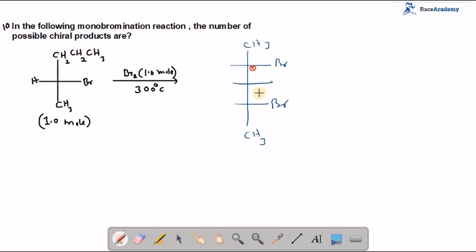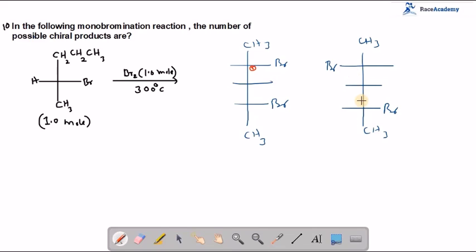The same thing if it happened here, we can write this one like this, here bromine, and the bromine can also be written here, by taking a gap, and this is CH3, this is CH3 now.